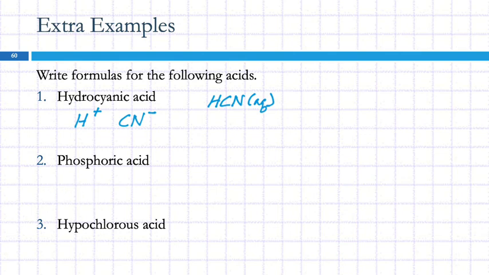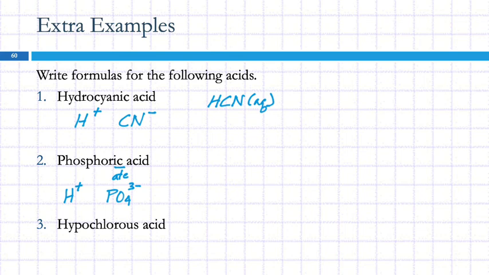Phosphoric acid. That's an oxyacid because it doesn't start with hydro, and we change ic to ate. So this is from phosphate. What's the formula for phosphate? PO4 3 minus.